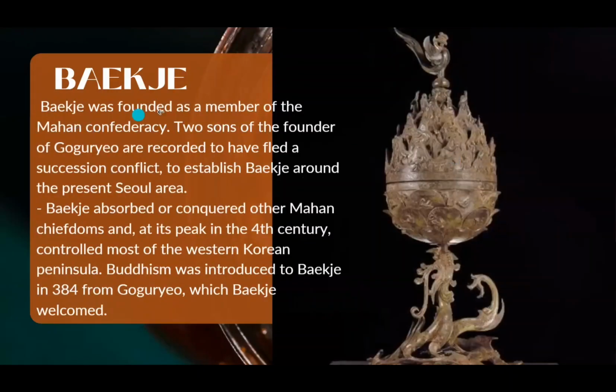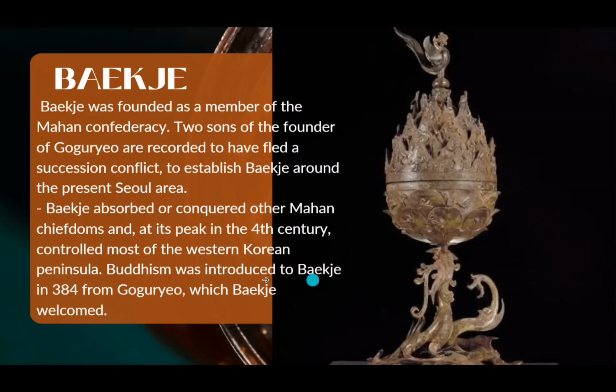Baekje. Baekje was founded as a member of the Mahan Confederacy. Two sons of the founder of Goguryeo are recorded to have fled a succession conflict to establish Baekje around the present Seoul area. Baekje absorbed or conquered other Mahan chiefdoms and at its peak in the 4th century controlled most of the western Korean peninsula.